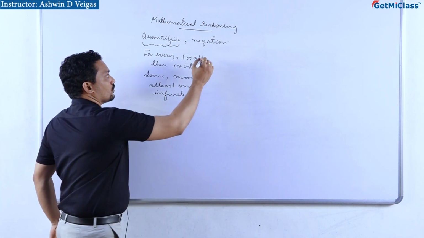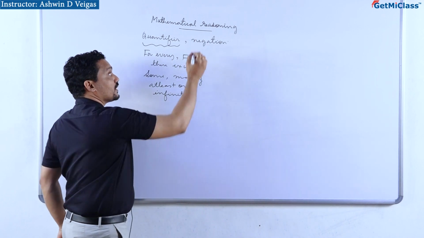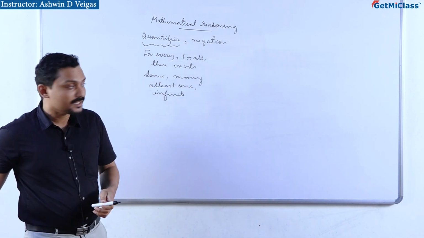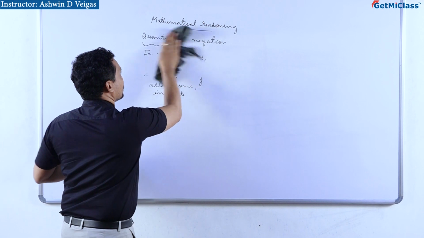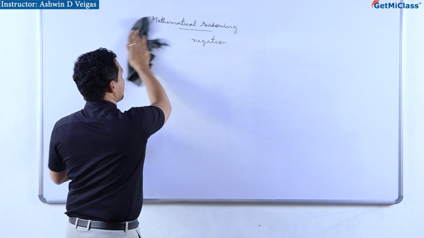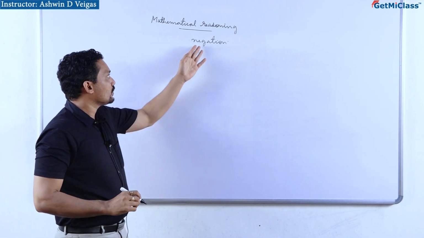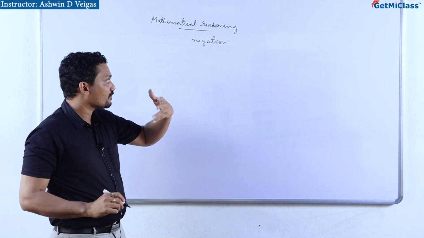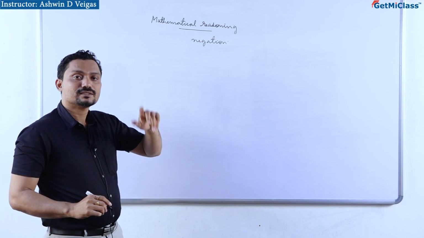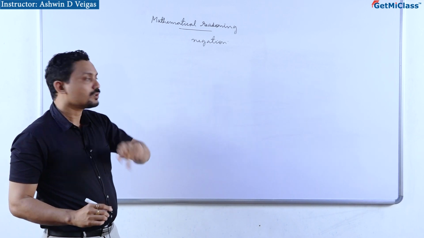Next we are going to talk about a very important thing, called negation. This has a very high weightage. Now, what is meant by negation? We know that a statement is a sentence which is either true or false, but not both.